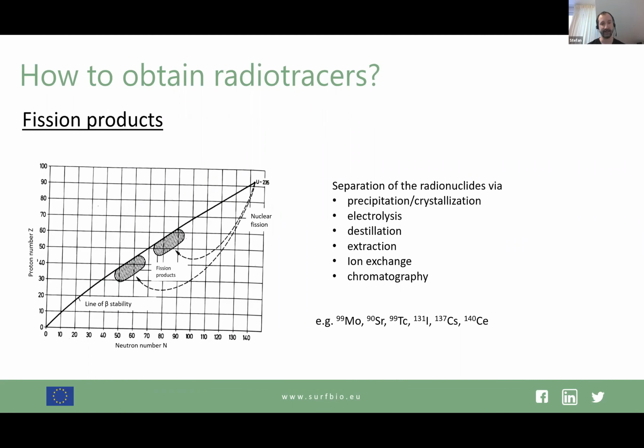For any of these radionuclides, you have special procedures, and basically ion exchange and chromatography are used to great benefit to extract different radionuclides for radio tracer applications. Foremost is the 99 molybdenum, which serves as a source of 99 technetium, as I will show later on.